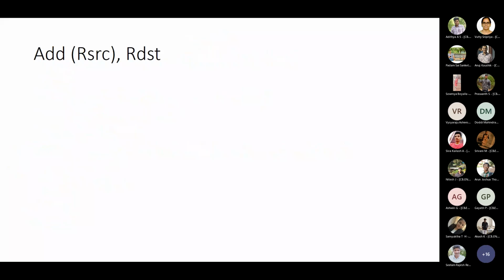Now, moving on to the next type of addressing mode. What is this? Which addressing mode? Source is written in brackets. Which type of addressing mode? You should be able to tell that. Can anybody tell me what type of addressing mode this is?